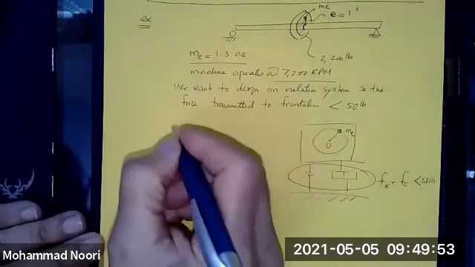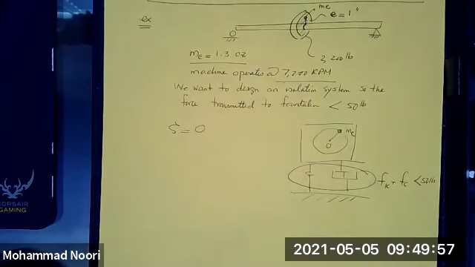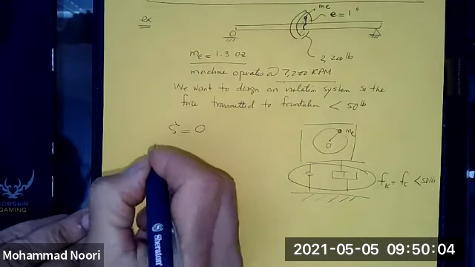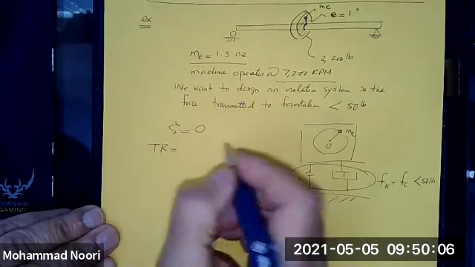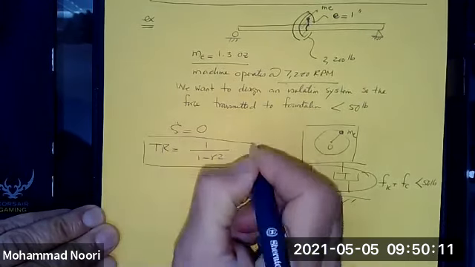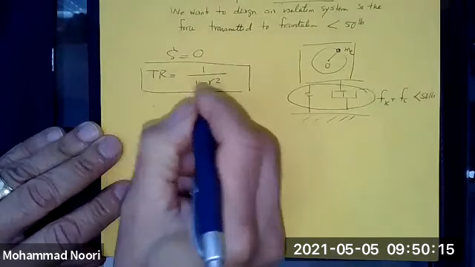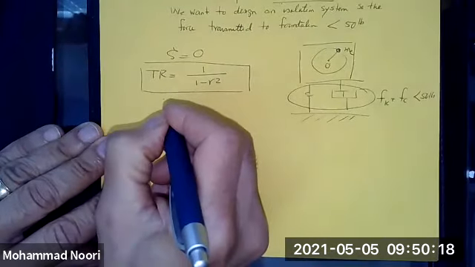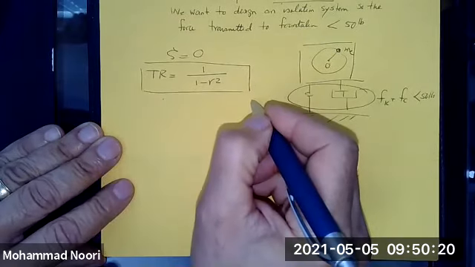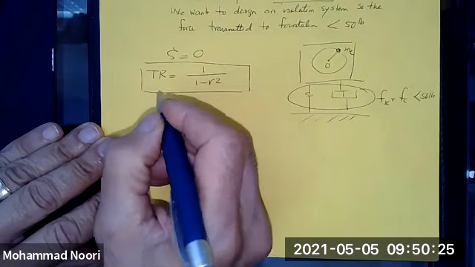First, to simplify the problem, I'm assuming a damping ratio of 0 for this particular problem. So the transmissibility ratio then reduces to this. But what is the applied force? Transmissibility ratio is the maximum force transmitted to the maximum force input.